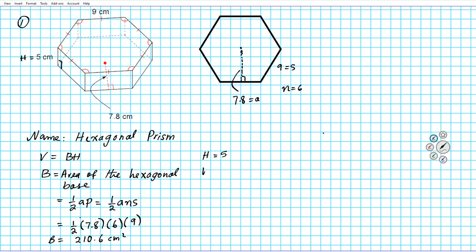Let's rewrite the volume formula. V is big B times H. We know big B is 210.6 and H is 5.